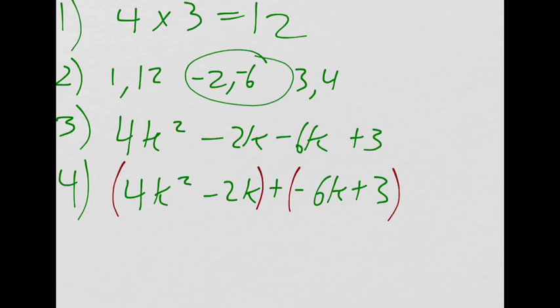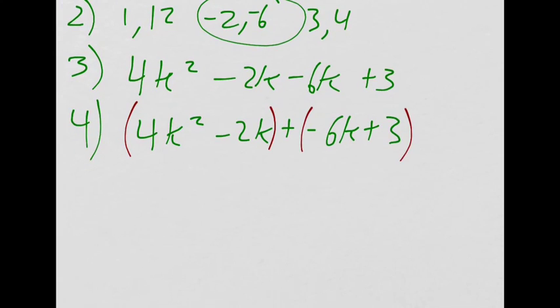Alright, so, step 5, factor both groups. What can I factor out of the first group? 2k. And I'm left with 2k minus 1. Okay, someone else, what can I factor out of the second one? 3.